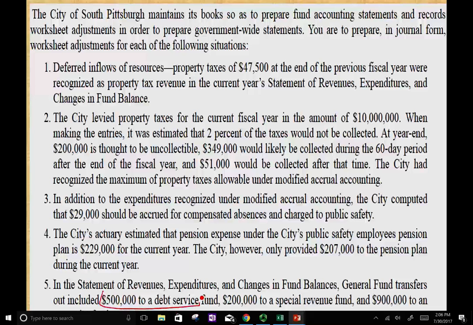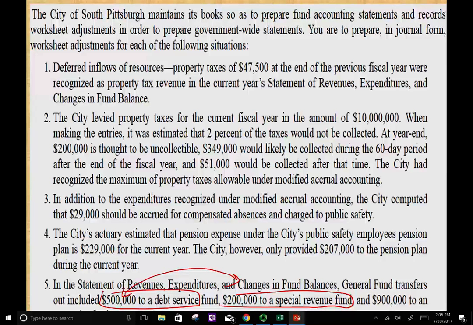The $900,000 to the enterprise fund is really independent. So all we have to do is take care of the interfund transfers, not those between the fund and the enterprise. So we transferred out $700,000.